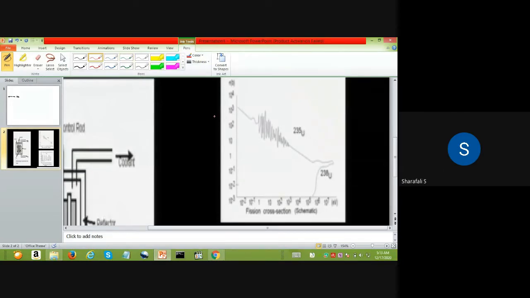In this axis we have the cross section. I'll write here cross section, sigma in barns. This is the y-axis, the fission cross section.